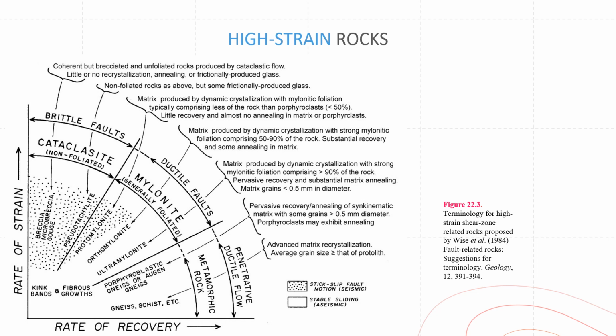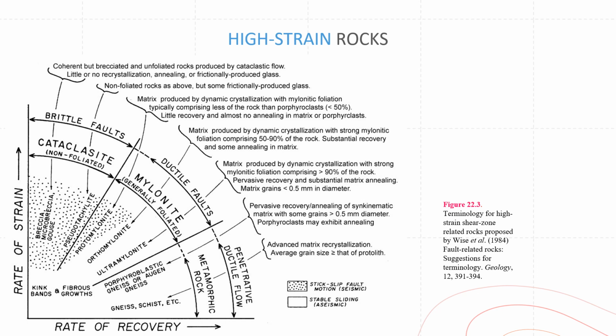In this third figure, I'm just going to put this up here for your reference, that over time, scientists started to develop more complex classification methods to pinpoint better information about the rocks and how they were formed. So in this particular figure, it tries to relate the rate of strain versus the rate of recovery of a rock, and to map out where each type of rock belongs.